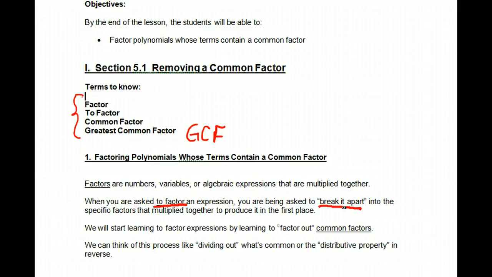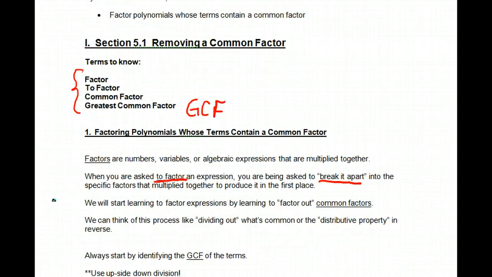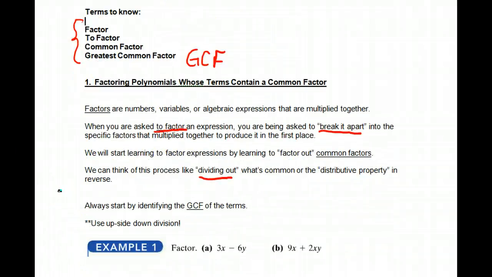We're going to start learning to factor expressions by learning how to factor out what's called common factors. We can think of this process like dividing out what is common between each term, or we can think about it as using the distributive property in reverse.